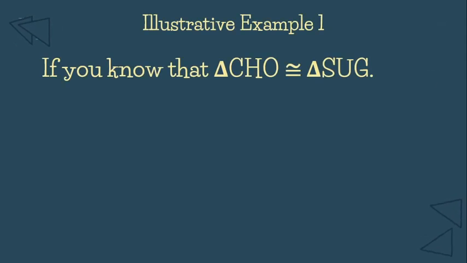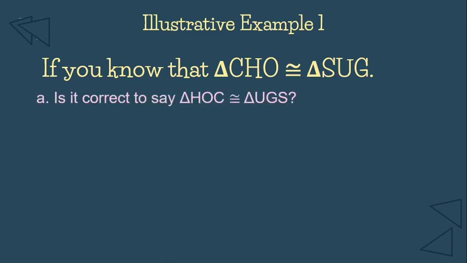So, let's have another example, or illustrative example 1. If you know the triangle CHO is congruent to triangle SUG. So, ito yung ating dalawang pangalan ng triangle. The question is, is it correct to say that triangle HOC is congruent to triangle UGS?